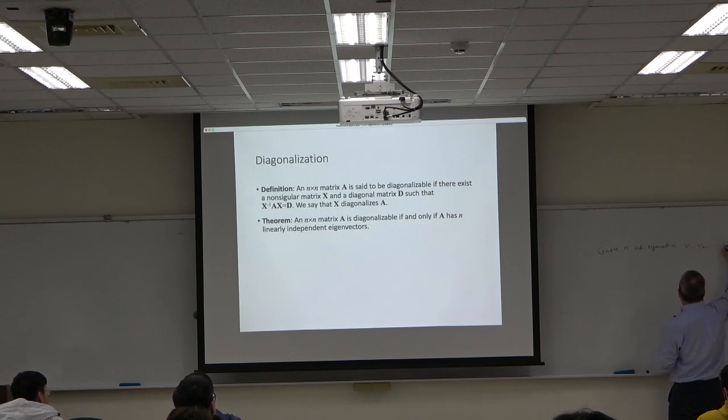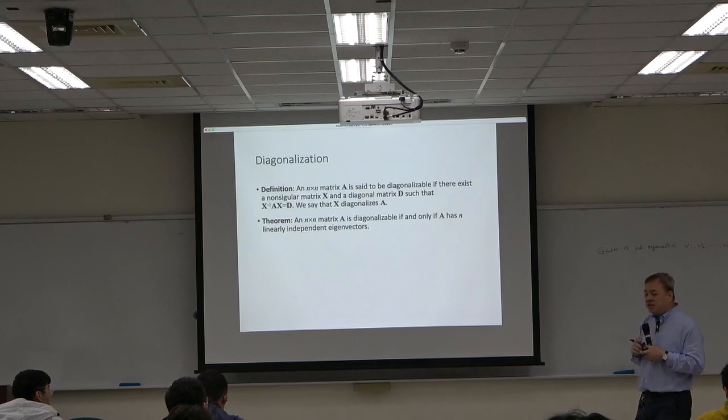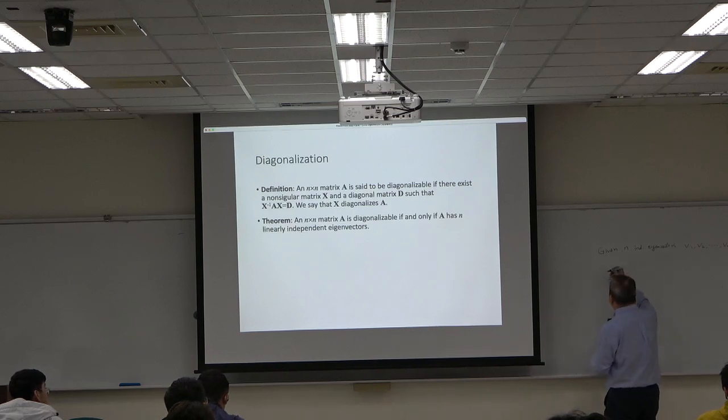let's say we have these n independent eigenvectors. We know A v1 equals lambda 1 v1, right? A v2 equals lambda 2 v2.